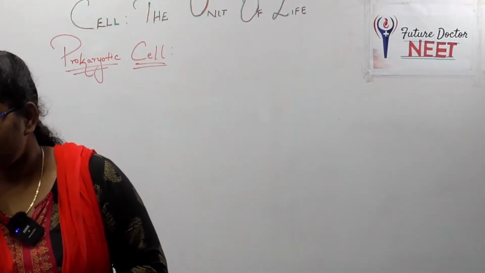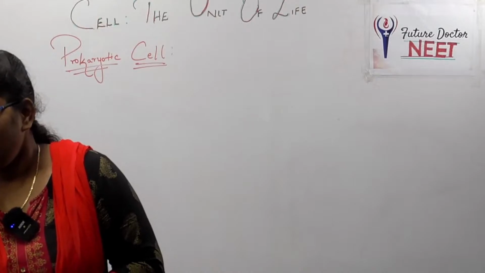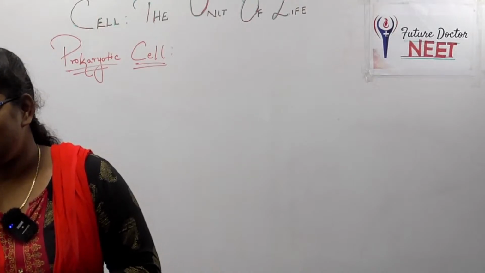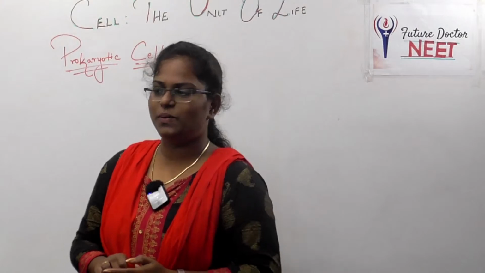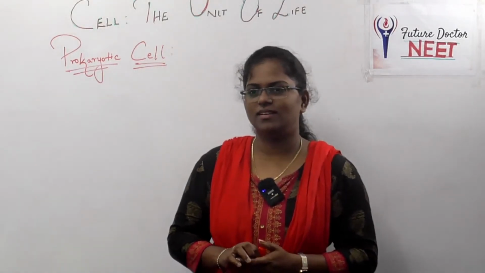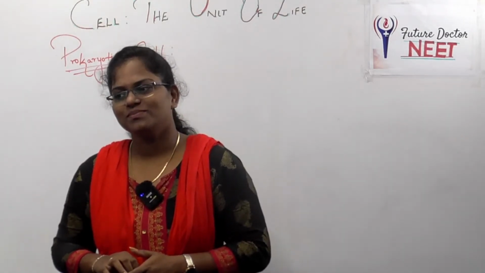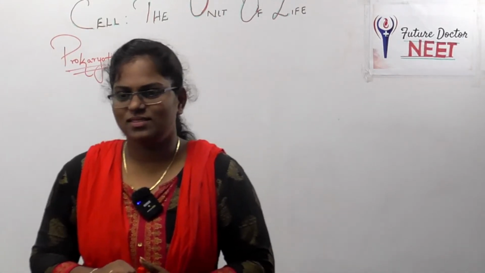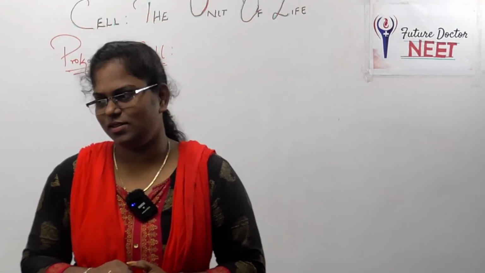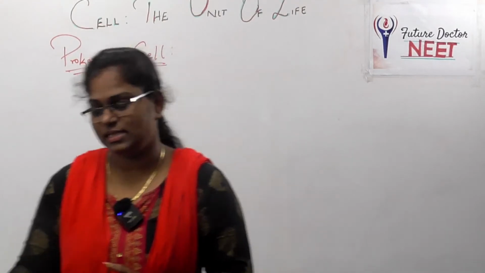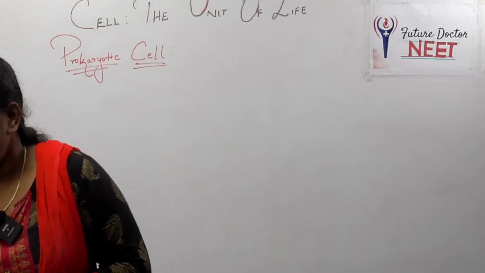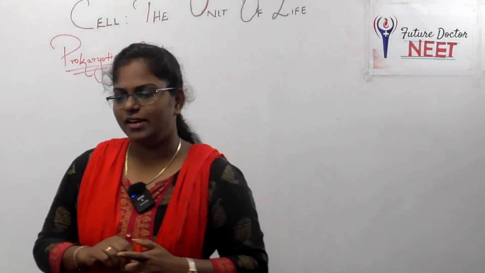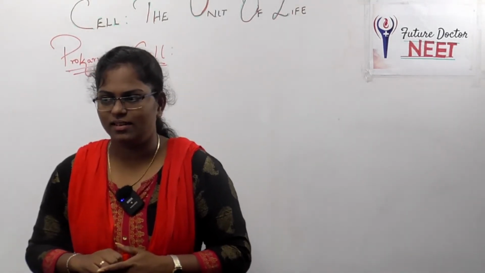Okay. Then which is the smallest cell, and what will be the length? Okay, mycoplasma, 0.3 micrometer. Okay, that is, micrometer is very important in length. And which is the largest single isolated cell?